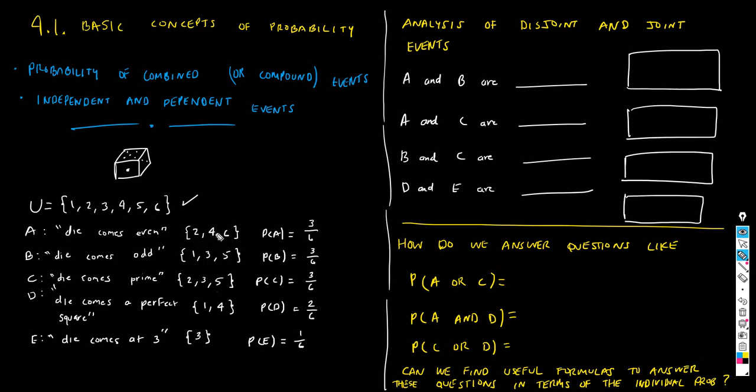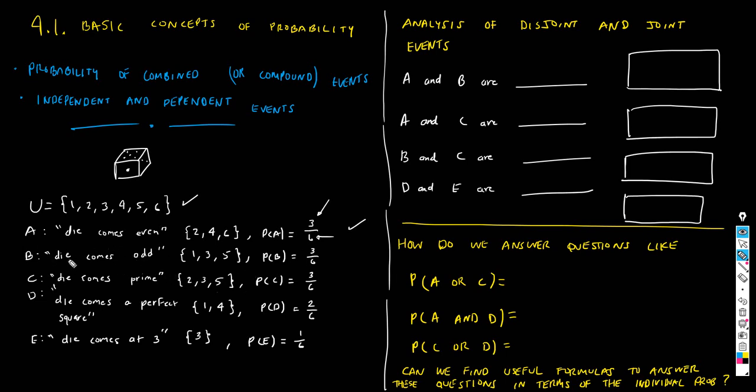All of these outcomes are favorable to the event A. And then the probability of A is the favorable cases, which are 3, over all the possible cases, which are 6. This is pretty well understood by now.